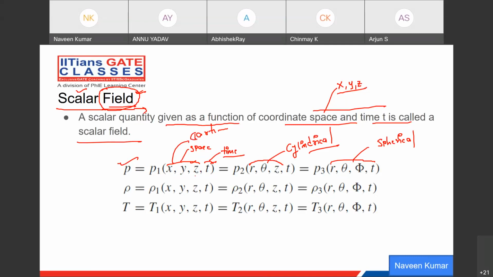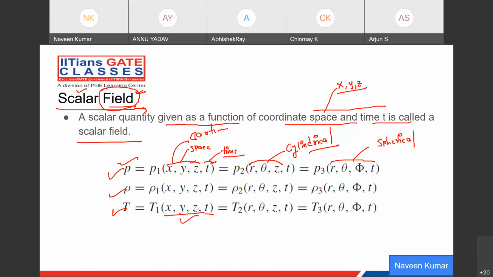Mostly you deal with the Cartesian and cylindrical coordinates only, not the spherical. These are just coordinate systems: how you define the location of any particular point, that is what it signifies. Similarly, as with pressure, we can define density and temperature. If these are functions of space and time, that is called a scalar field.